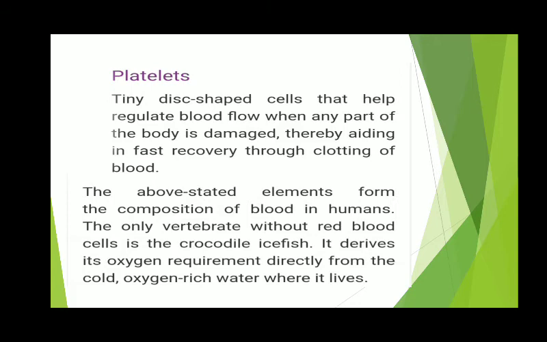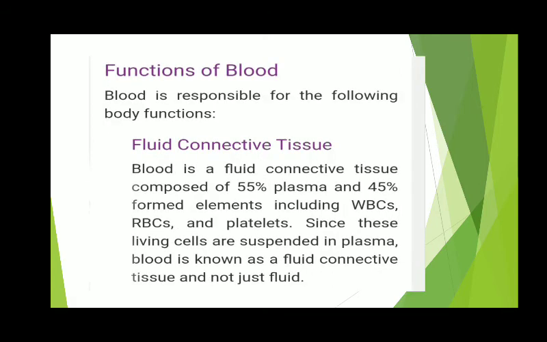Then how does it get its oxygen? It derives its oxygen directly from the cold, oxygen-rich water where it lives. Remember it. Now we will see what are functions of blood.